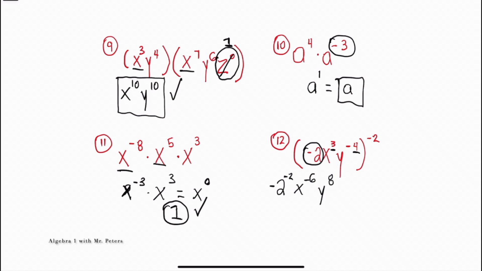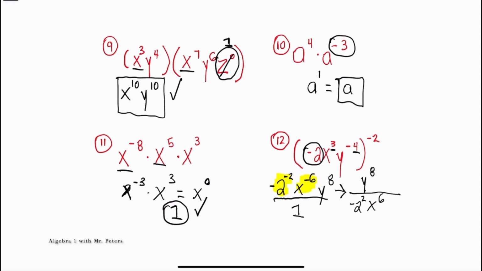Now from here, we know we have negative exponents and we cannot have that. So we're going to take the reciprocal for 2 to the negative 2 power, x to the negative 6. Y to the 8th will remain the same. So once we take this reciprocal now, we have y to the 8th all over negative 2 to the positive 2 power and x to the positive 6 power.